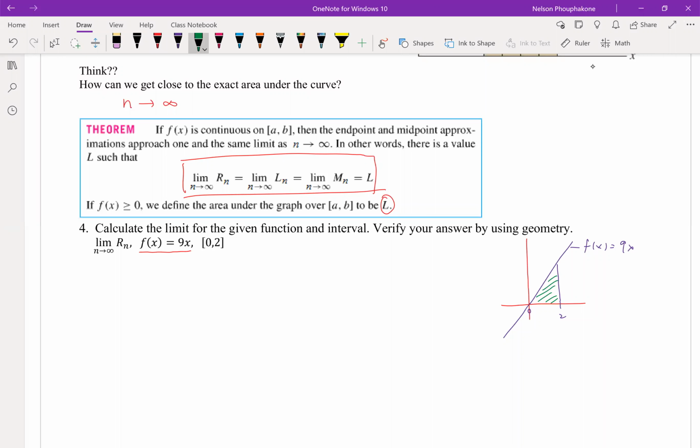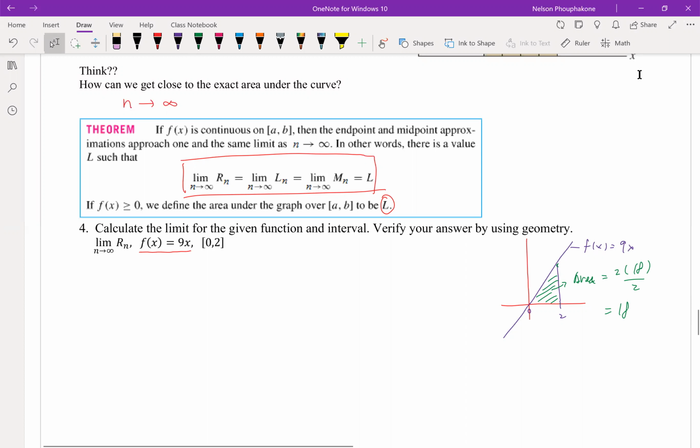Now, of course, if we want to find this area right here, it's really easy, right? It will be the base times the height, which is 2 times 18, divided by 2. Then the area should be 18 then. Okay. So let's see if we could use the Riemann sum to get the same result now.